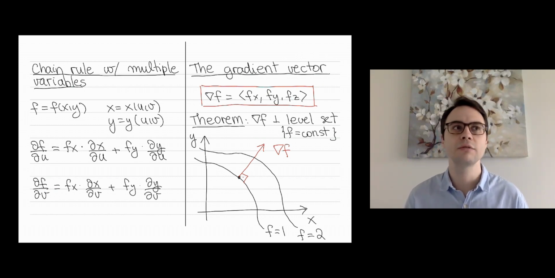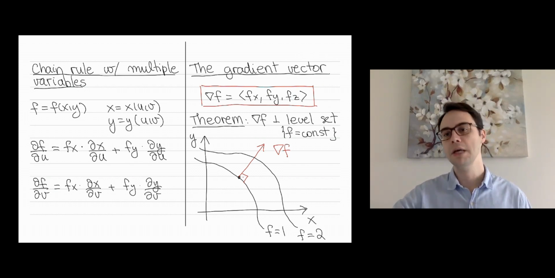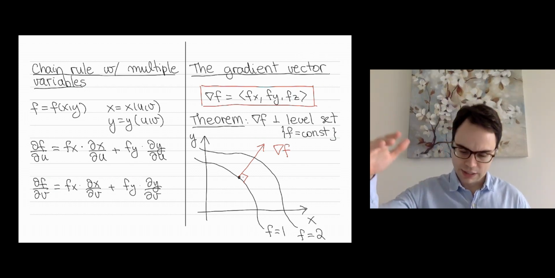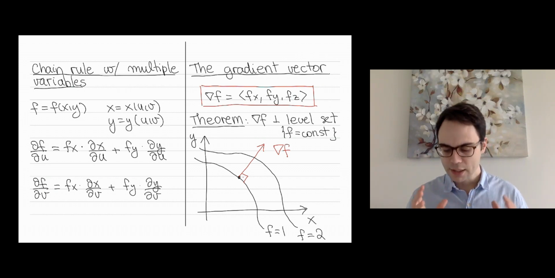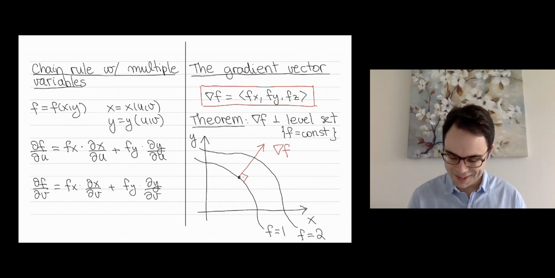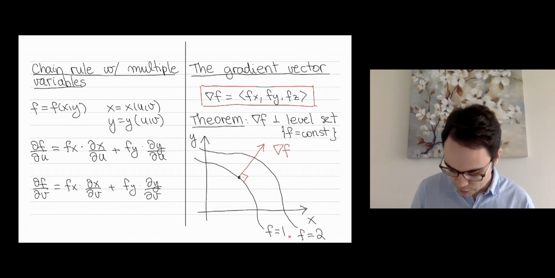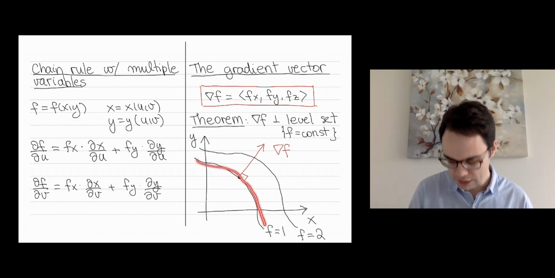So a level set of a function is a set. A function has several level sets, and one level set is the set of points you get by looking at all points where f is equal to 1. That is an example of a level set.